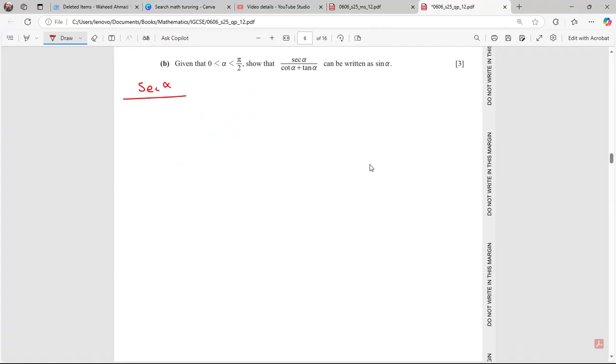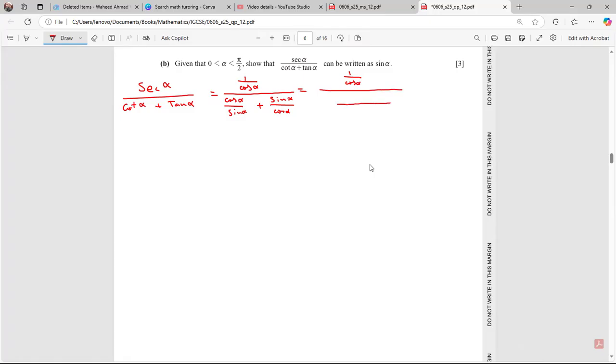Secant alpha divided by cotangent alpha plus tangent alpha. Secant is 1 over cos alpha. Cotangent is cos alpha over sine alpha. And tangent is sine alpha over cos alpha. I will leave the numerator as it is, and I will add these fractions in the denominator.